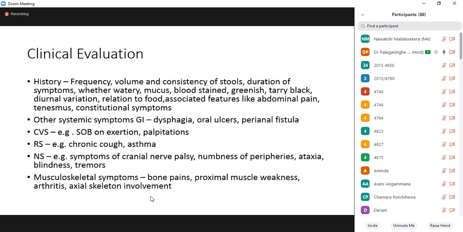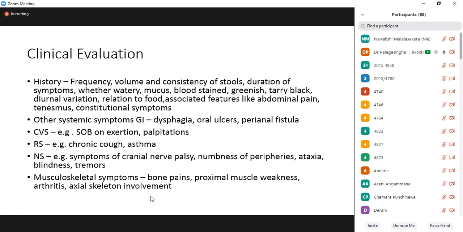And you have to find out whether there is a diurnal variation, whether the symptoms resolve completely at night or the symptoms continue to occur during the night as well. If the symptoms continue to occur during the night, that indicates some sinister pathology.